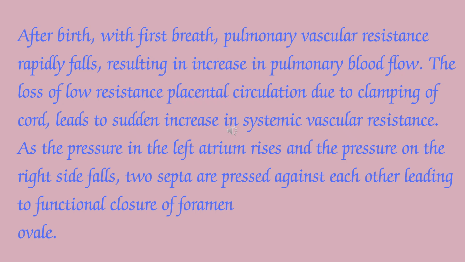Because of these pressure changes, the pressure in the left atrium increases above that of the right atrium. Because of this, the two septa, the septum primum and septum secundum, are pressed against each other and the foramen ovale closes.